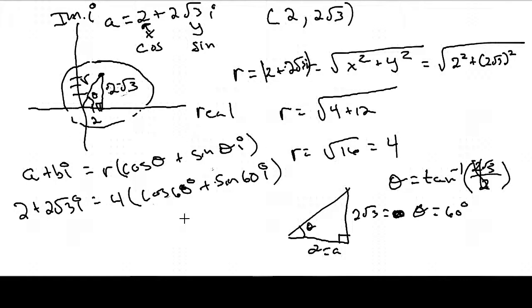Okay, I'll repeat it. The most important part that you need to remember is that any complex number can be written as a right triangle. The real part is the cosine part, or the x part, and the imaginary part is always going to be the y, or the sine part.